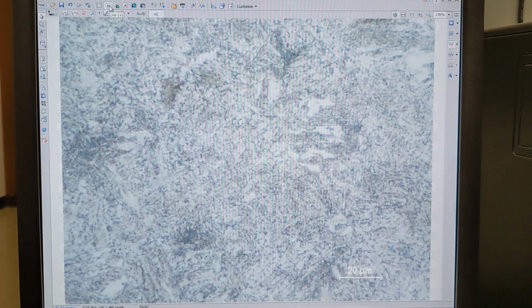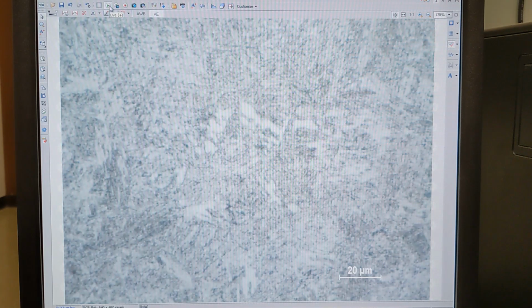And if we move around, our very, very long needle structures, because we heated them back up to around 700 Celsius, start to normalize and become less elongated.